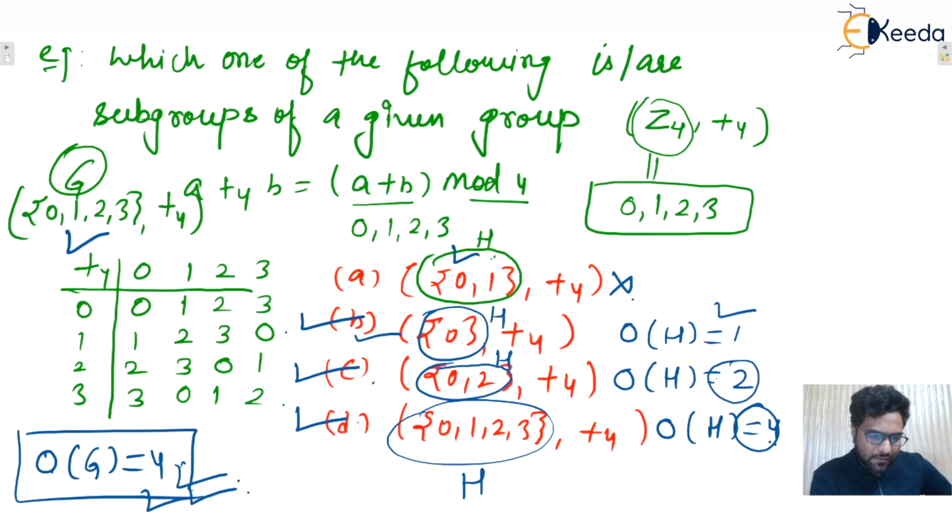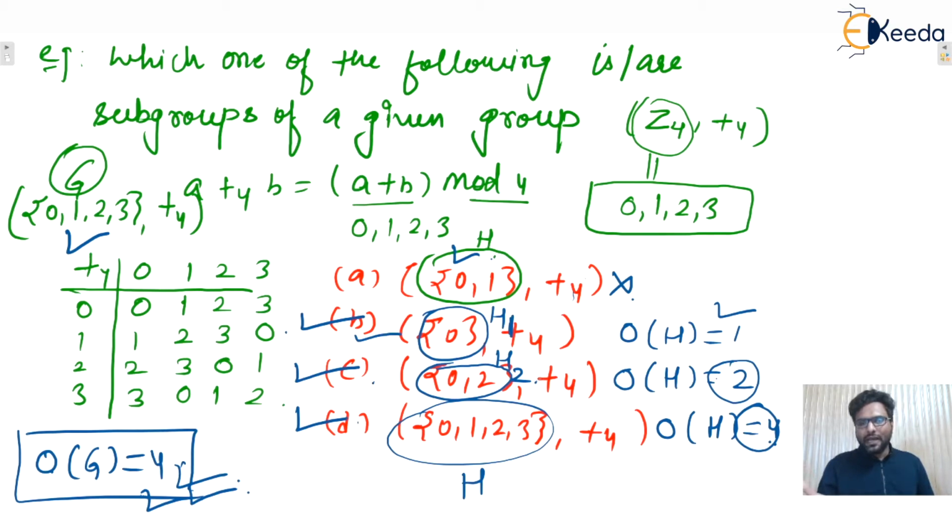Next one, let's say here option B is H1 and this is H2. Let's say H1 and H2 are two subgroups of a given group, then the intersection of H1 and H2 will also be a subgroup.